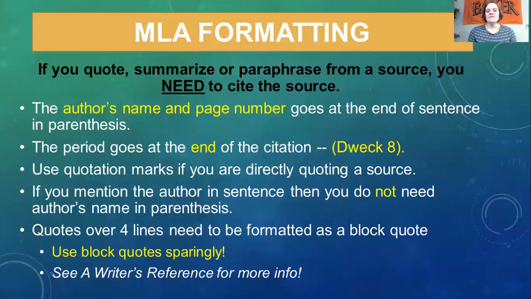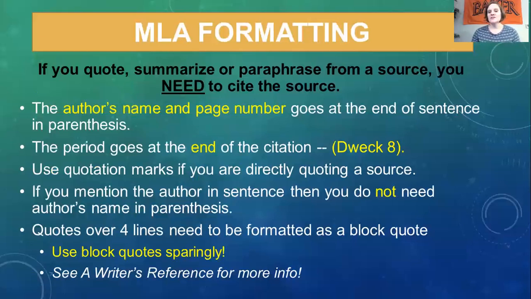If you're actually quoting a source word for word, then you must have quotation marks. If you mention the author in the sentence, then you don't need to put the author's name in the parentheses. There are some times when students want to use direct quotes in their paper. If a direct quote is over 4 lines, then there's a special formatting called block formatting that needs to be done.